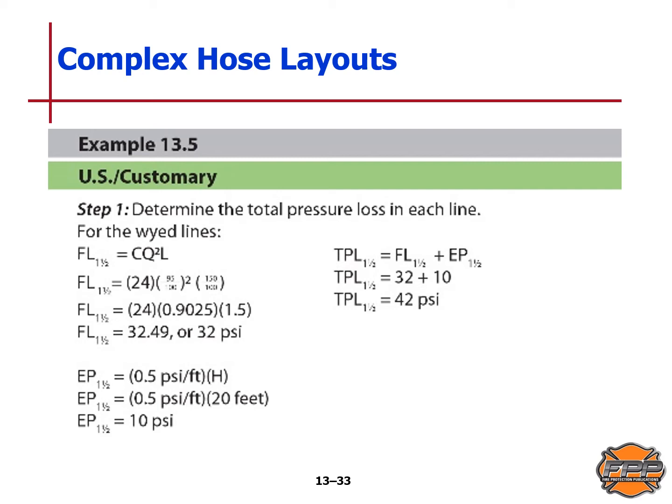So if you take 20 feet times 0.5, your elevation pressure is 10 psi. Looking on the right-hand side, you have total pressure loss of 1.5-inch equals friction loss for the 1.5-inch line plus elevation pressure at 1.5-inch. So your total pressure loss for 1.5-inch equals 32 plus 10. So your total pressure loss for the 1.5-inch line is 42 psi.